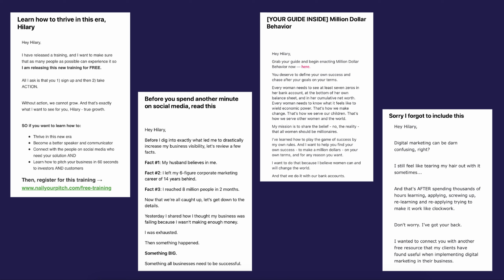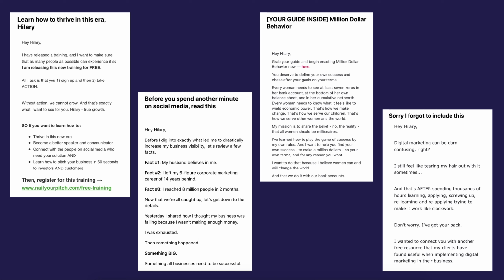Now, the next one, "Your guide inside, $1 million behavior." This is actually the email that came immediately after requesting the lead magnet. So as soon as I entered the opt-in, this is what came over. It's delivering what was promised. And that's where you'll commonly see what you've requested or what you signed up for show there. So often the word "your" shows up in the headline there.